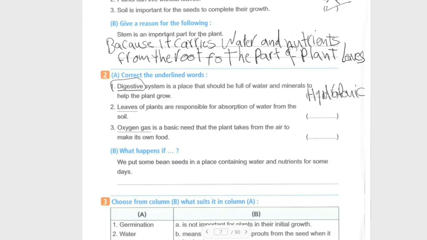Number 2, leaves of plants are responsible for absorption of water from the soil. The answer is wrong, the roots are responsible for absorption of water from the soil. Number 3, oxygen gas is a basic need that the plant takes from the air to make its own food. The answer is wrong, the correct one is carbon dioxide gas.